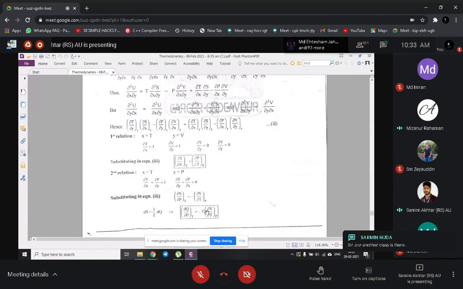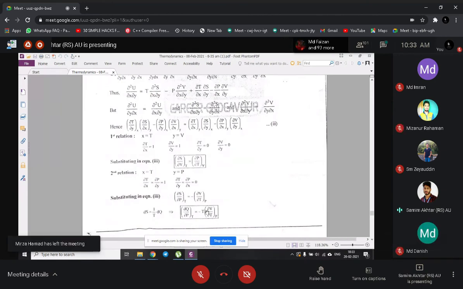Derivation is not important. Maxwell relations relate the different kinds of parameters in thermodynamics, how they change with each other. Suppose you have entropy and you provide some amount of pressure, so how are they related. This is the relation between the different kinds of parameters in a thermodynamic system, which is the Maxwell relation.